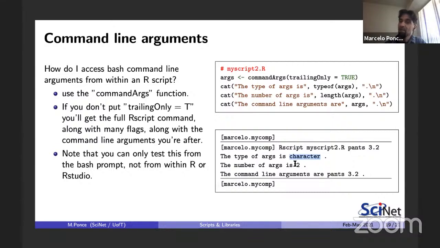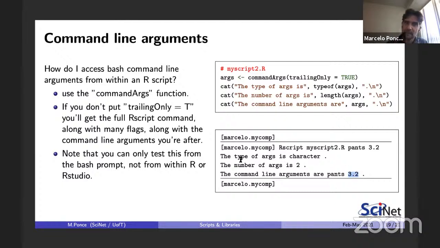The number of arguments is 2 because it has pants, which is a word, and then the number 3.2. And then it says the command line arguments are pants, repeating basically what I wrote, and 3.2. Now, the interesting thing is not just repeating whatever I wrote after the script, but that I can now access that information and do something with it.